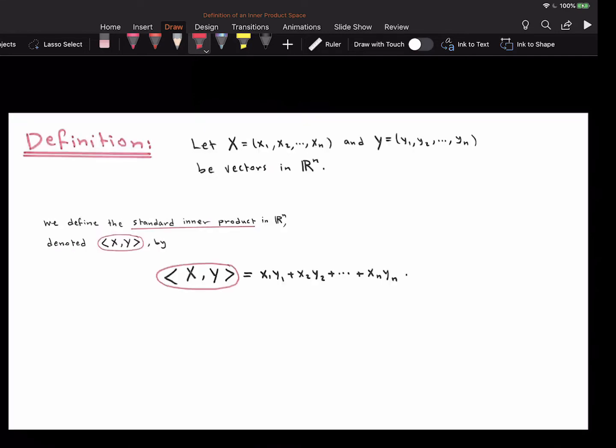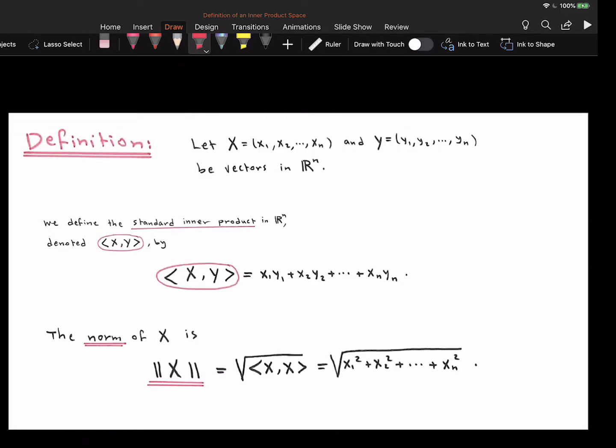That's just close to what we used to call the dot product. We just multiply and add the components. The norm of x, which is the length, is the square root of the inner product between x and itself.